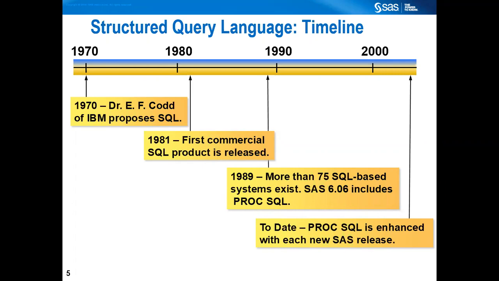Since 1989, the first version of SAS SQL was available with SAS programming environment version 6.6, which introduced the SQL procedure into SAS. And since 1989 onwards, the relationship between SQL and SAS has been moving ahead and getting developed day by day with various features. Okay, so this is the structured query timeline and its history with SAS.